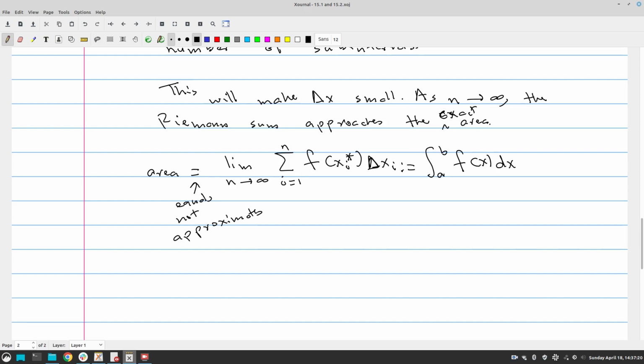Right, so this is the definite integral of f of x from a to b. And remember, a is equal to x naught and b is equal to xn.